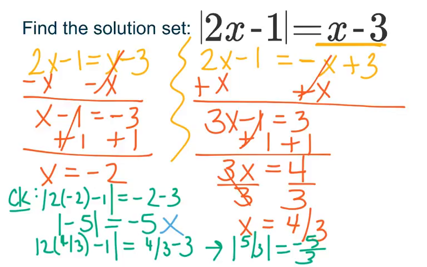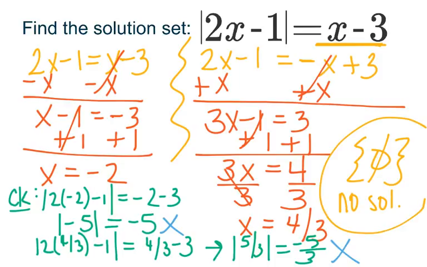You can't be getting a negative on the right-hand side, so this is also not true because the absolute value of +5/3 is +5/3. This doesn't happen that often, but it can happen. We got two solutions that didn't work. So when you go to do your solution set, you shouldn't have anything in there. If you want to use the fancy symbol that means the empty set, you can, or if you want to just write no solution, that's fine too. So all that work and no solutions.